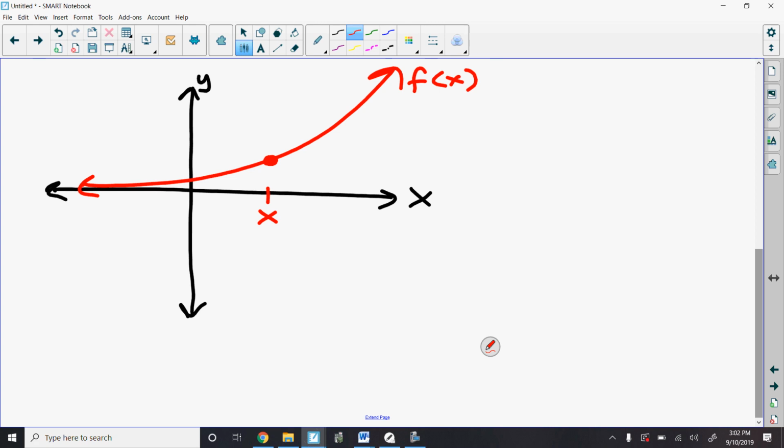This point right here is the point x comma f of x. So all I have to do is find the slope of this tangent line that's tangent to the graph at the point x comma f of x. I'm going to sketch in this tangent line.